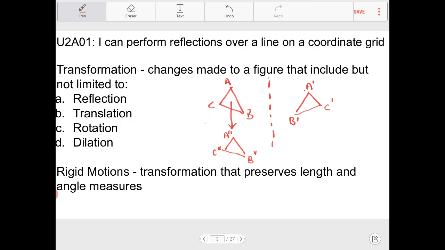If we take this triangle and perform a rotation, let's say a 90-degree counterclockwise rotation, actually, it would not look like this. It would look like this.